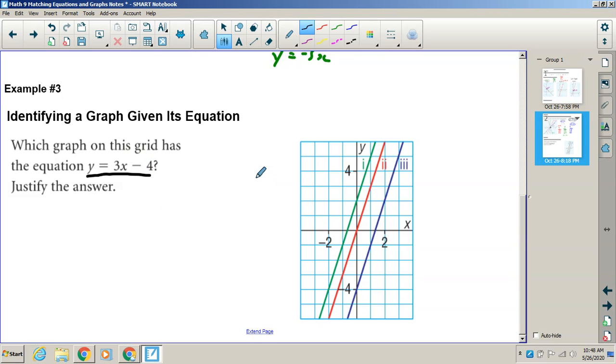And again, what you need to do is take some points off of each line, test them in that equation, and it will work. For example, let's say I'm going to test line number 1, and I'm going to pick this point and this point. Again, pick 2 points. And so this ordered pair here in that first one, x and y, this ordered pair is -1 and -1, looks like.